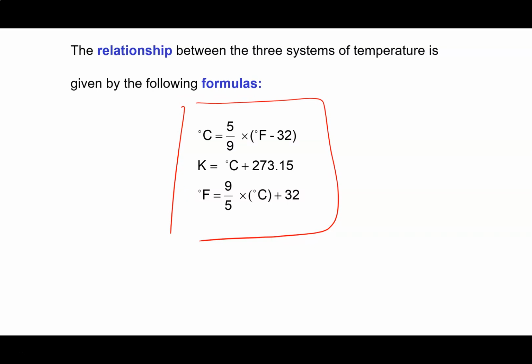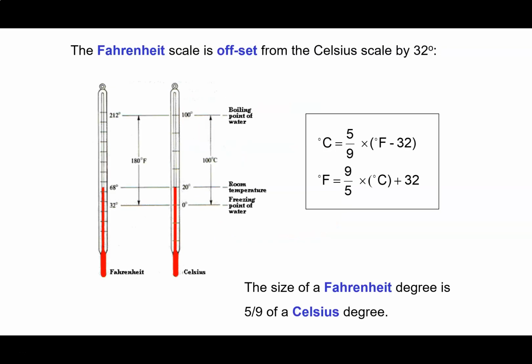And you can see that in each case, we're going to be adding or subtracting a term, and that's going to account for the difference in the position of the 0 point. In the case of Celsius and Fahrenheit, we also have to multiply by a fraction, and that takes into account the different size of a Fahrenheit unit versus a Celsius unit.